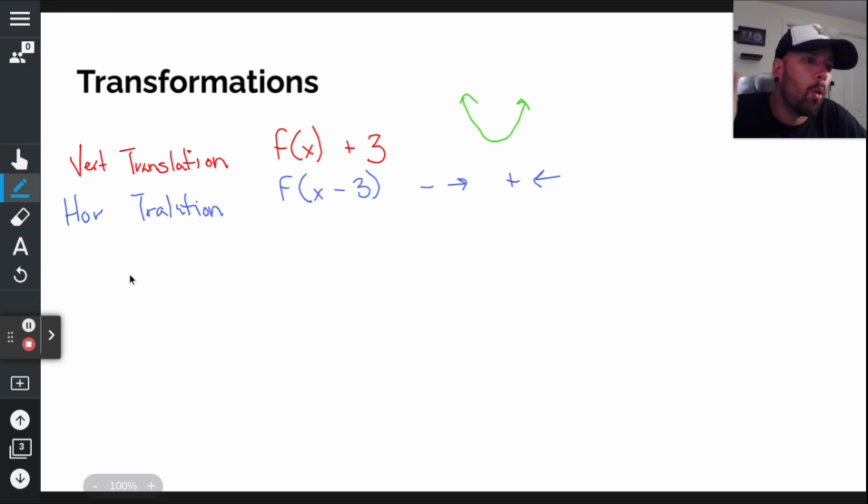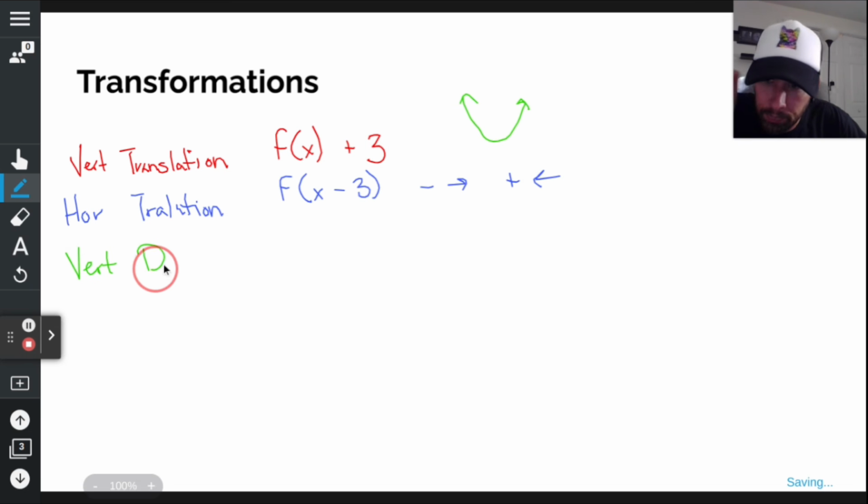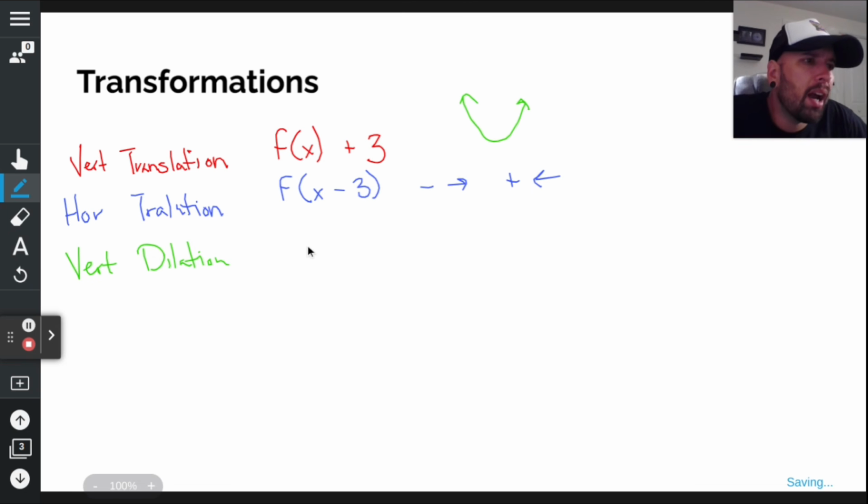All right, now we're going to talk about a dilation. A dilation is when your shape stretches, widens, whatever. There's a couple types of dilations. The first one is called the vertical dilation. A vertical dilation is basically you're taking your shape and you're squeezing it depending on what's going on.